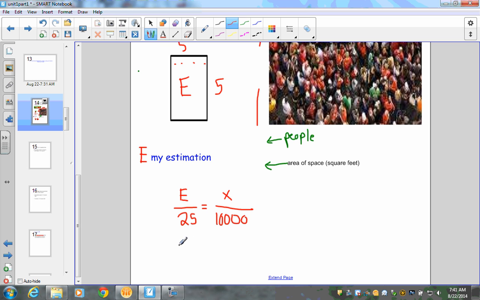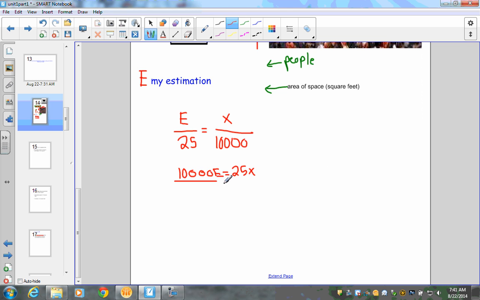And so when we cross multiply, we get 10,000E is equal to 25X. And then we are still solving for X here, so we're going to divide by 25. That's going to be X is equal to 400E.